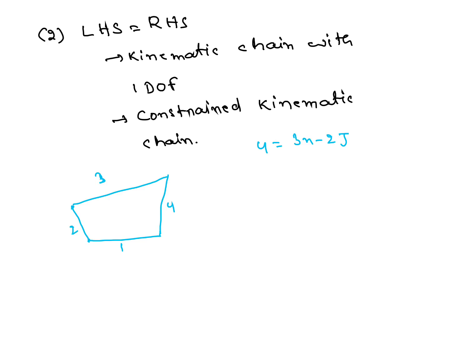So number of links n is 4, number of joints also 4. 4 equal to 3 into 4 minus 2 into 4. 12 minus 8 is 4. So LHS equal to RHS. So it's a constrained kinematic chain. 1 degree of freedom is possible.